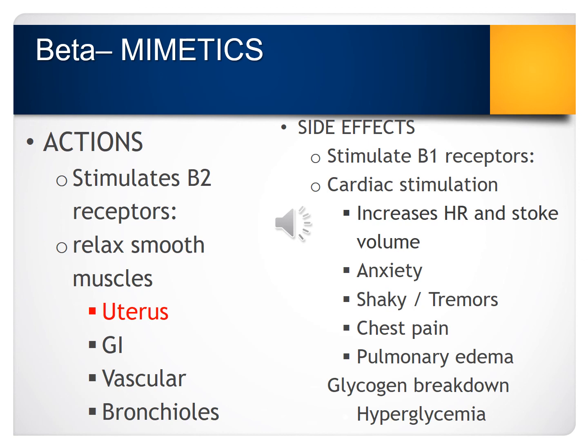So increases heart rate, shakiness. Prior to giving terbutaline, you want to check a woman's resting pulse rate. And then you want to monitor her after you've given that terbutaline as well.